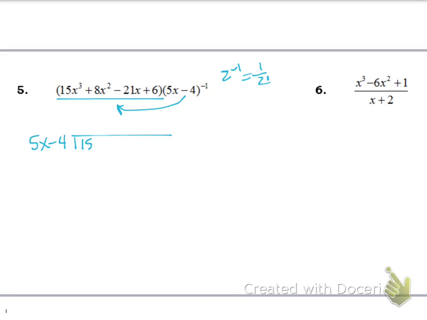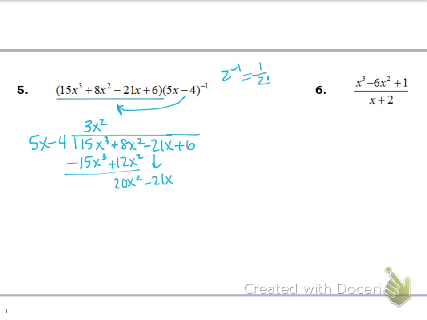I go cubed, squared, so I got my cubed, my squared, my normal x, and my number, so I don't need any placeholders. So to get from 5x to 15x squared, I need a 3x squared. So that's 15x cubed minus 12x squared. We flip. So 20x squared, drop our next one. So we have to multiply this one by a 4x.